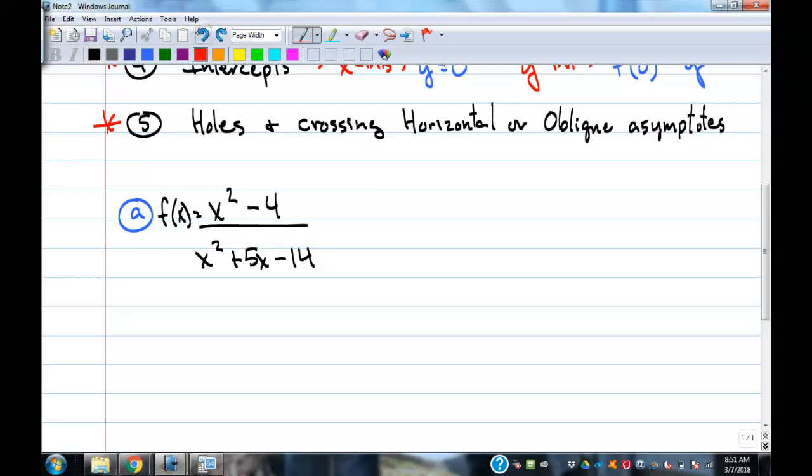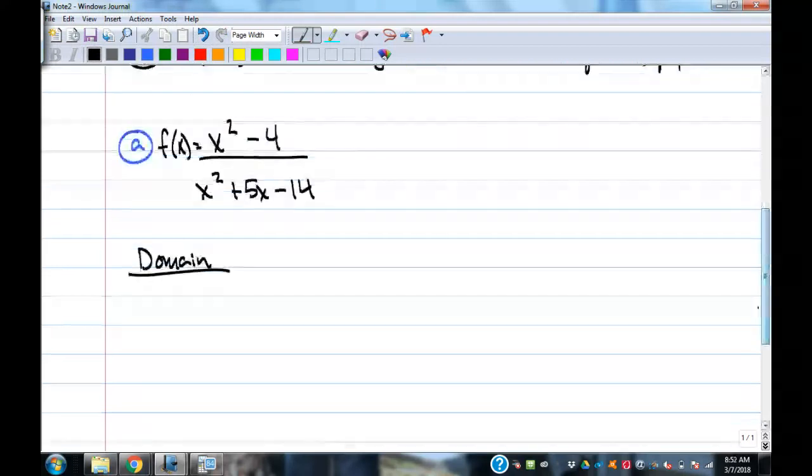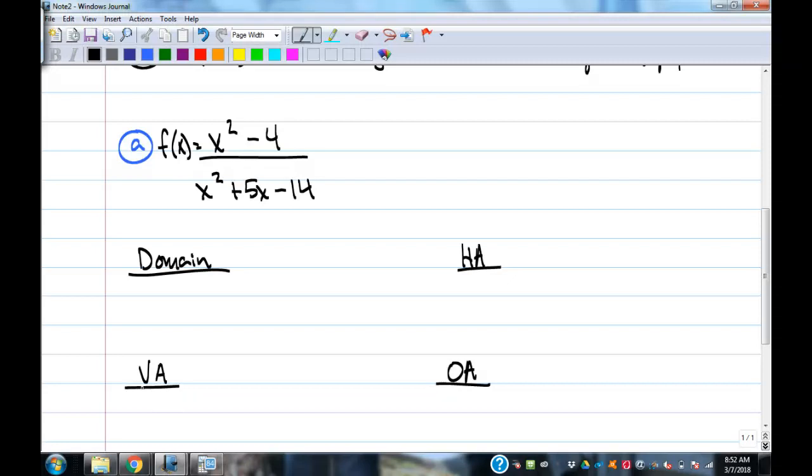Again, we're going to do all those things we did in section 4. Domain, vertical asymptotes, horizontal asymptotes, oblique asymptotes, all of those same things. Okay? So to find the domain, set the denominator equal to 0. That hasn't changed. Nothing is changing here.